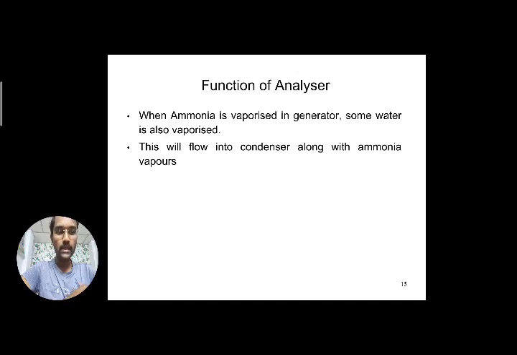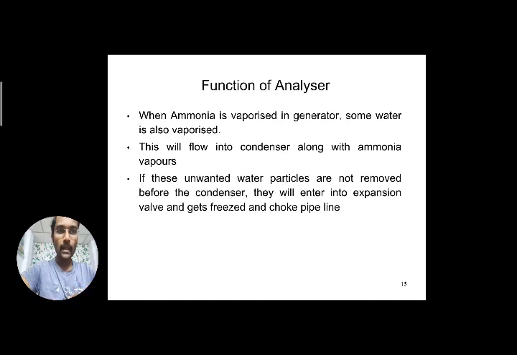If you are not placing any analyzer or rectifier there, and these unwanted water particles are not removed before the condenser, they will enter the expansion valve, get frozen and choke the pipeline, as already discussed earlier. So the analyzer must be placed before these components, and it acts like a safety device.